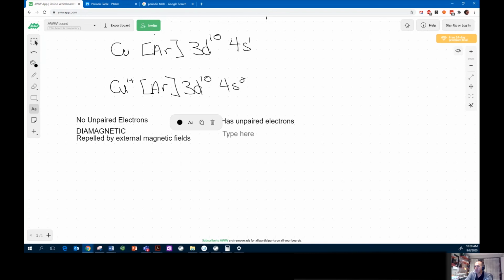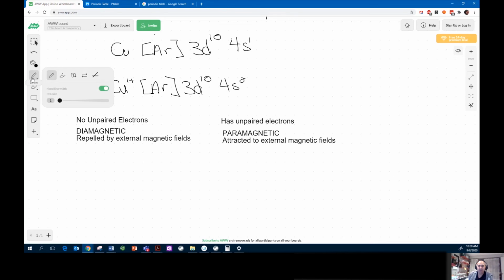When something has unpaired electrons, the term for it is paramagnetic, right? And it is attracted. So we can tell based on how something responds to a magnetic field whether or not it has unpaired electrons.